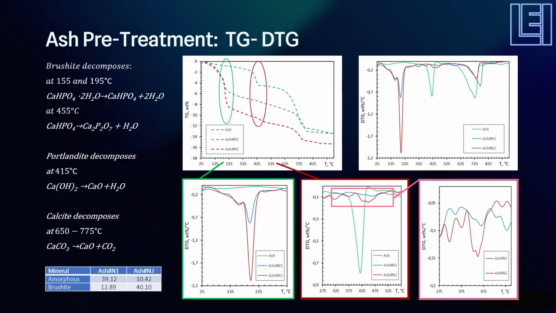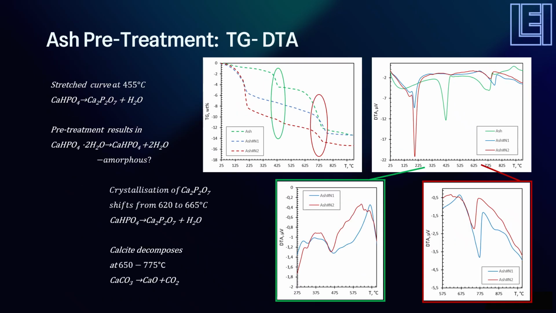However, there are two small endothermic peaks indicating the transformation of anhydrous calcium phosphate to calcium pyrophosphate. The last peak, around 700, corresponds to the decomposition of calcite. In ash 1, it shifts to higher temperatures, suggesting some transformations during the ash treatment step.